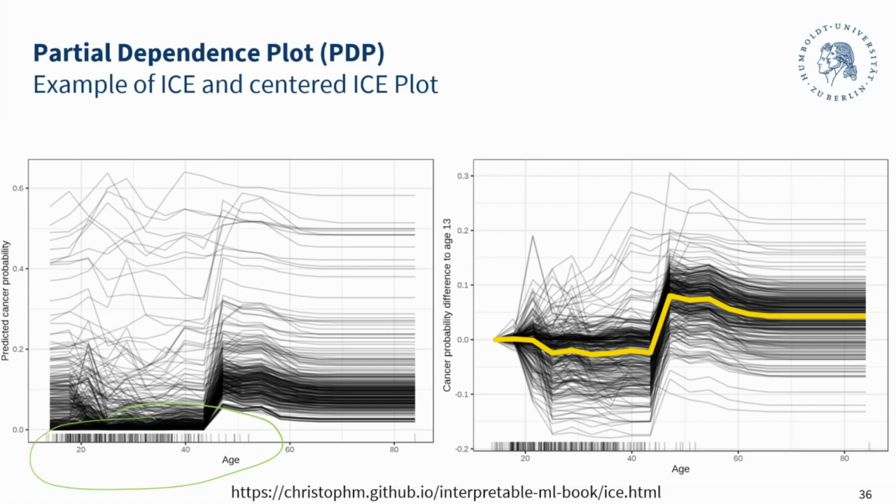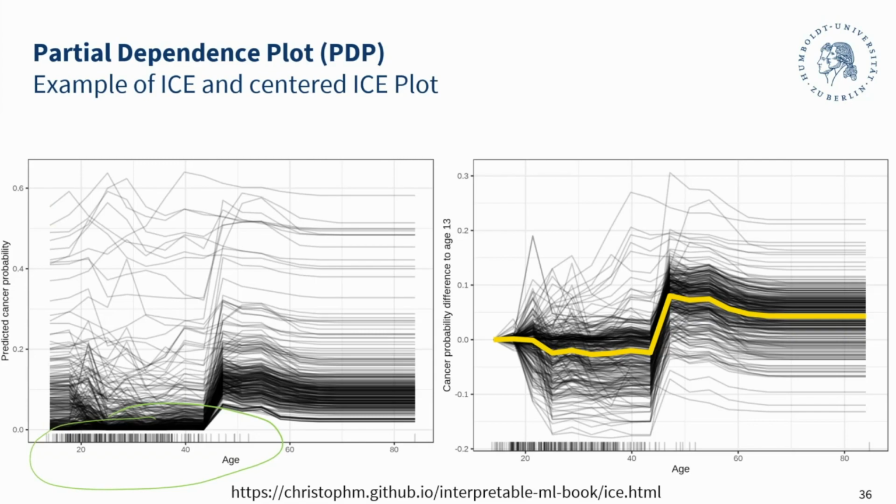Well, and we don't really see that in this example, but a heterogeneous effect in an ICE plot. Overall, the tendency that we see here in this plot would be that it's age, and the target is, it's a bit morbid, predicted probability of cancer.